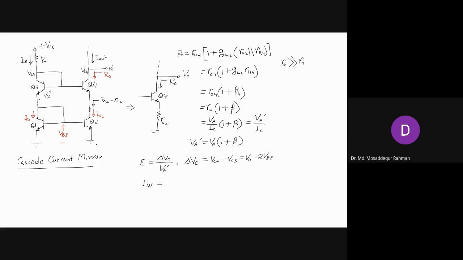It's Ohm's law. Good answer. What? VCC minus VC3, divided by R. Good. So VCC minus VC3 we have already determined, 2 VBE.